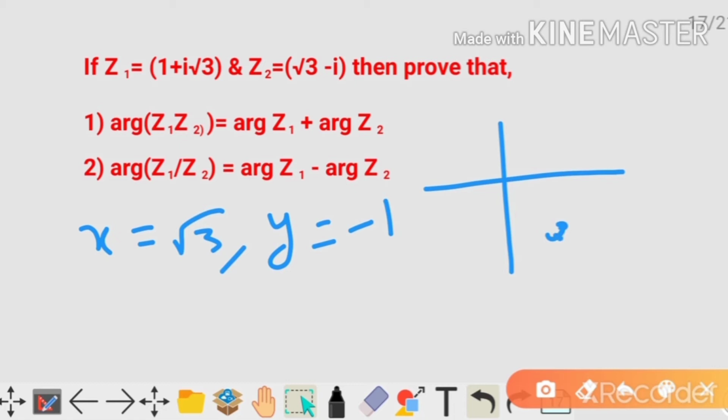As it is in the fourth quadrant, we all know that the value of theta is positive in this sense and negative in this direction. So the argument of Z2 will be from minus pi by 2 to 0. That's why we have chosen that interval for phi.